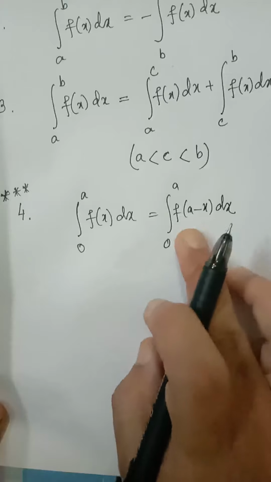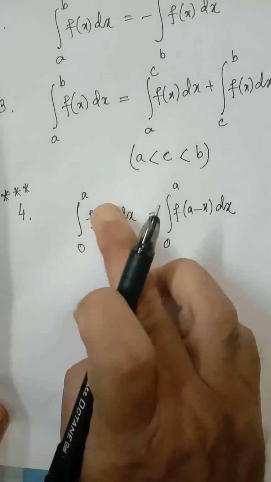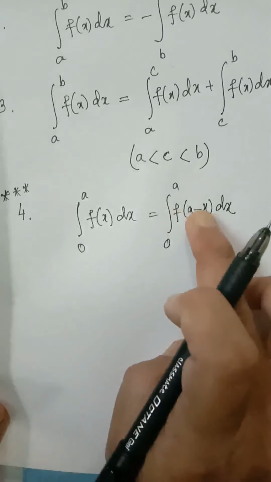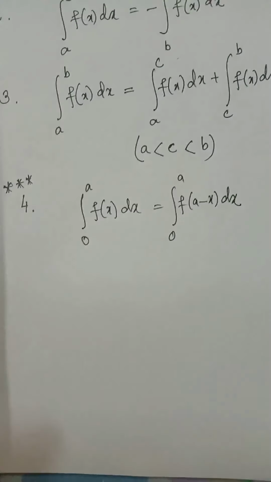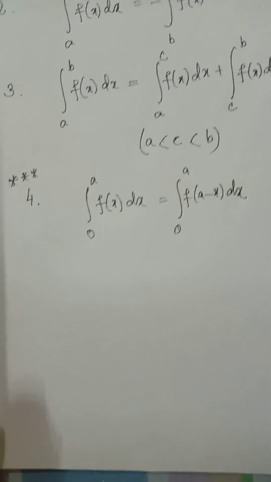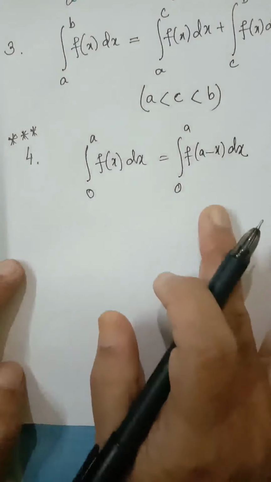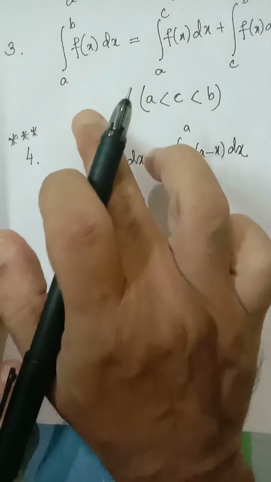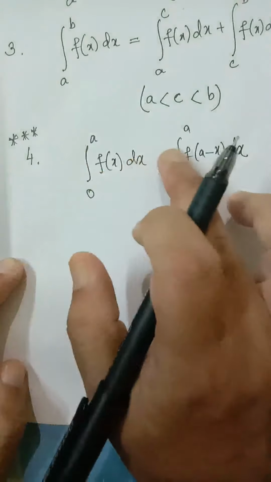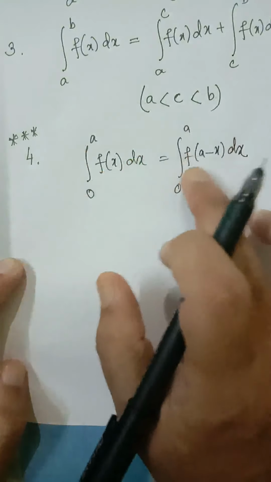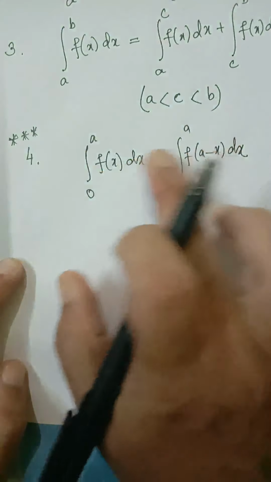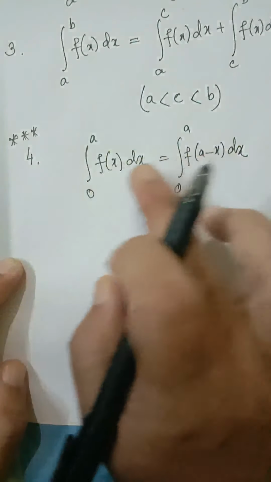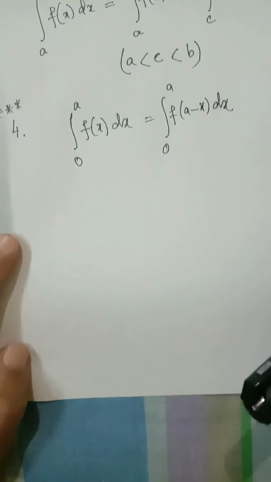That means if we replace x by a minus x, the value of the integral will remain unchanged. The lower limit is 0, 0 to any number a. Here we have replaced x by a minus x, and the value of the integral is the same.